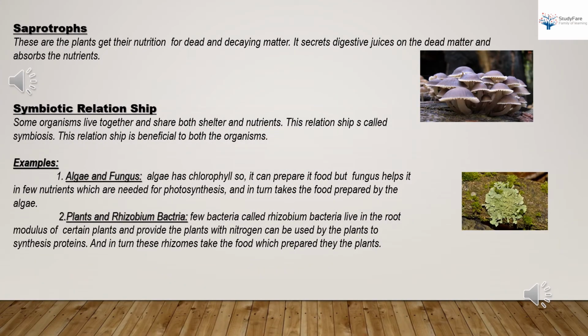Saprophytes. These are the plants which get their nutrition from dead and decaying matter. They secrete digestive juices on the dead and decaying matter and absorb the nutrients. They help in decomposition. For example, if we take a piece of bread, pour some water and keep it in a moist area for a few days, you notice that fungus lives on it.